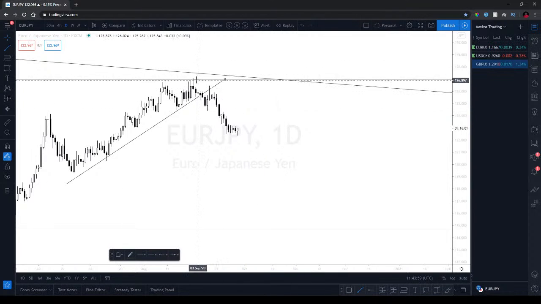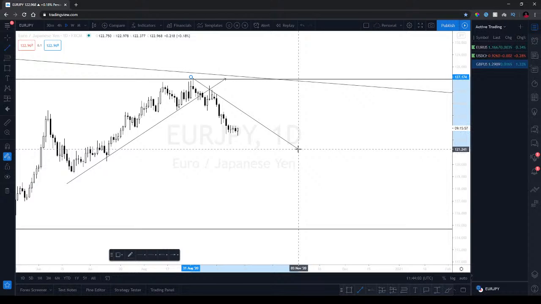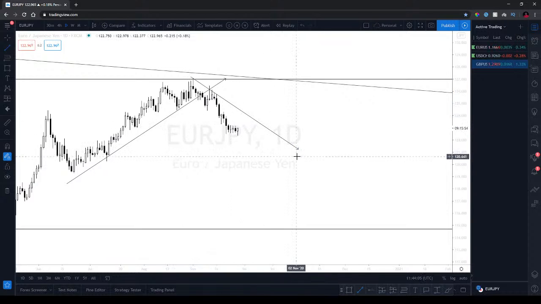Okay, so here on the Euro Yen, still impulse. I mean, still waiting on a correction. We have some wicks rejecting here, so it's quite possible that price could reverse for a short period of time and form a larger pattern for us.